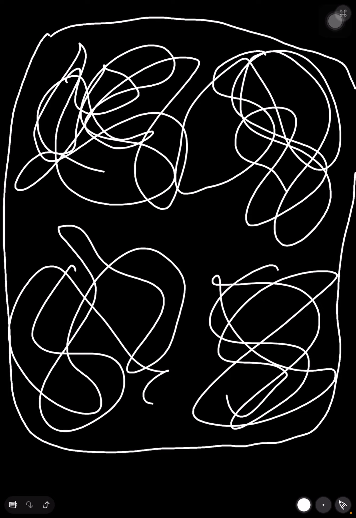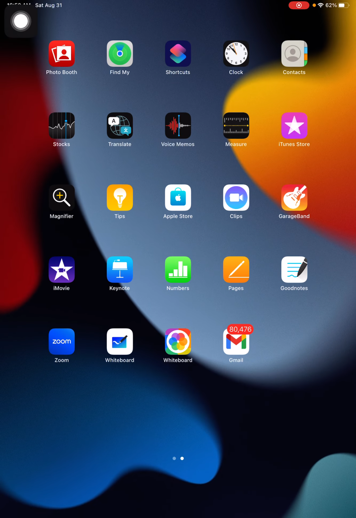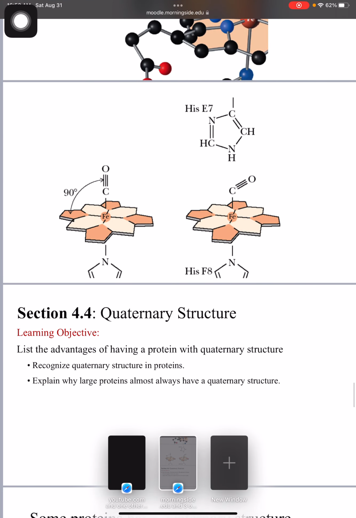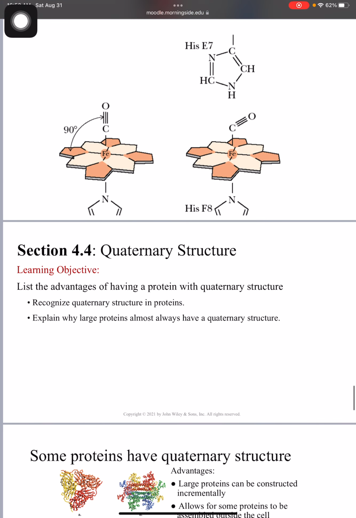All right, so each individual polypeptide chain would be called a subunit. And the quaternary structure is how subunits interact with each other. All right, so if you have a protein that's just consisting of one polypeptide chain, you won't have quaternary. Right? So myoglobin, for example, does not have quaternary structure because it's only got one chain.